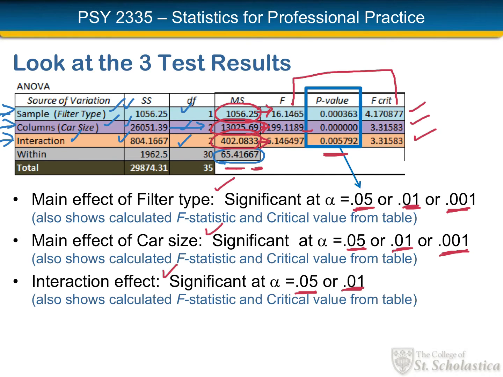My actual F statistic is 199, and I only needed an F of 3.31 in order to reject the null hypothesis. So this 199 is much larger than the 3.31 that I needed in order to make the rejection.